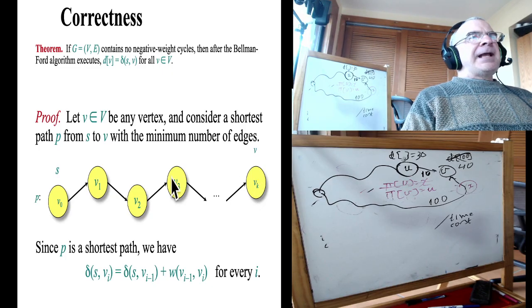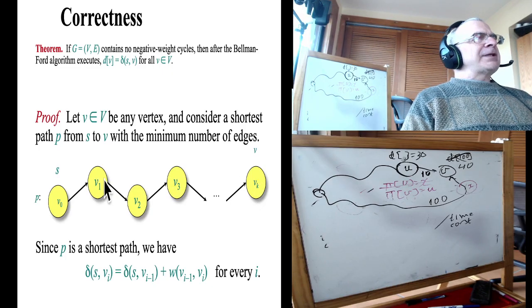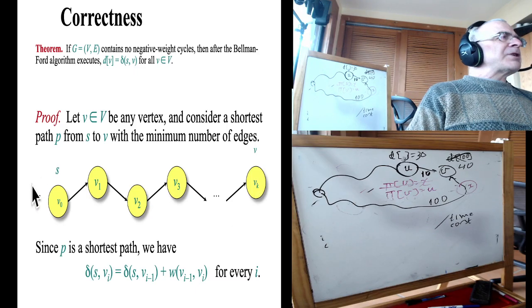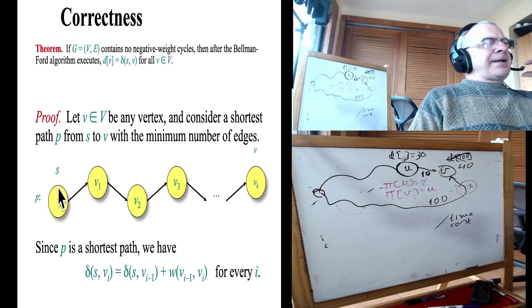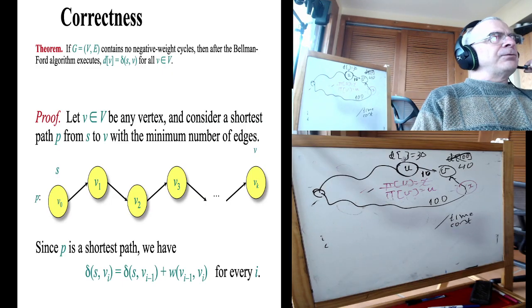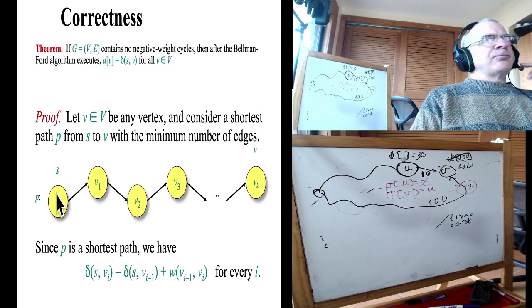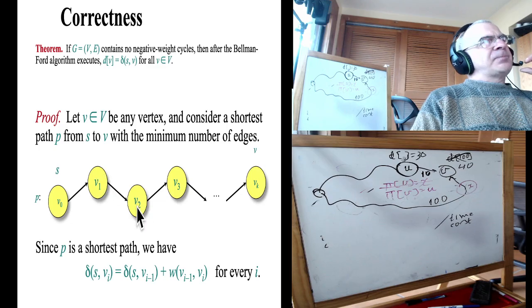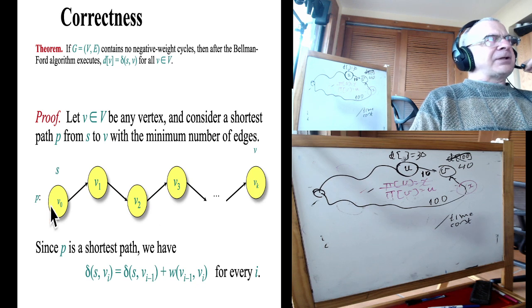I'm just changing the names of the vertices along this path, but this is the optimal path. I'll call S V0. I'll call the next vertex along the shortest path V1, next is V2, and so on until the destination. And I'll call it Vk, whatever k is, depending on how many edges I have along this path.